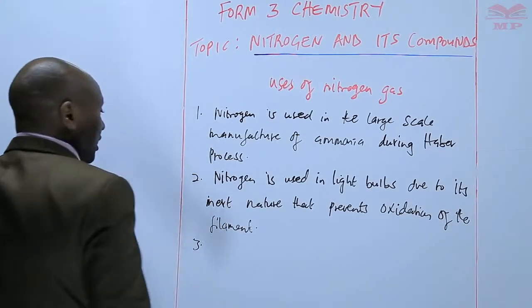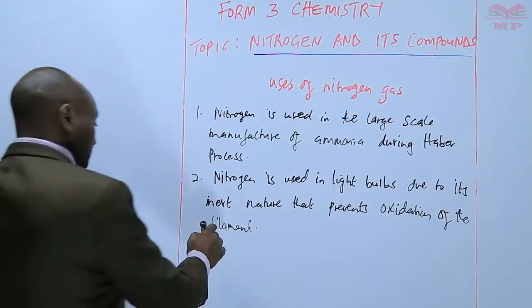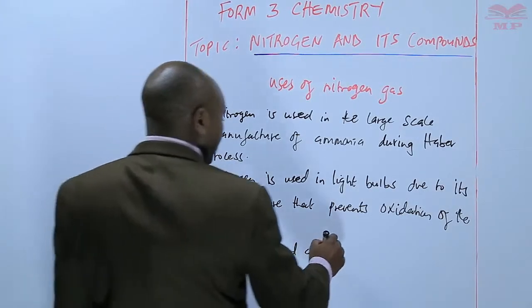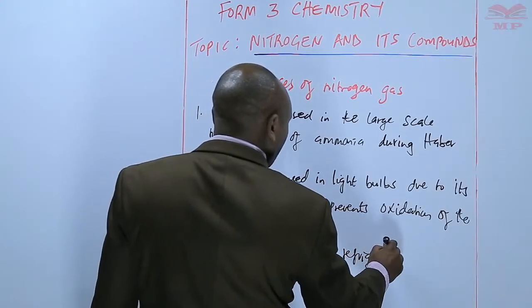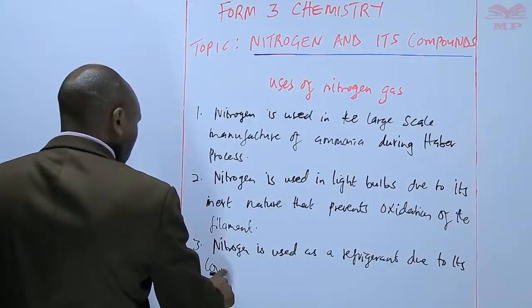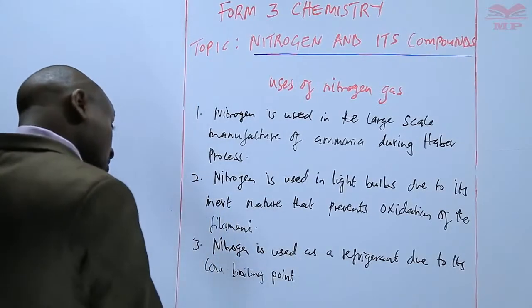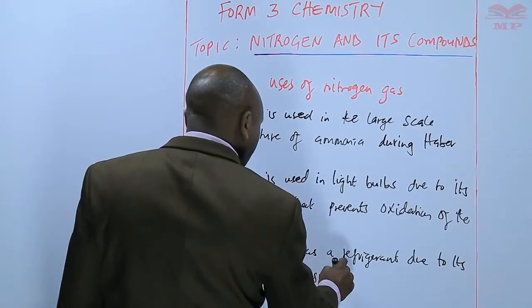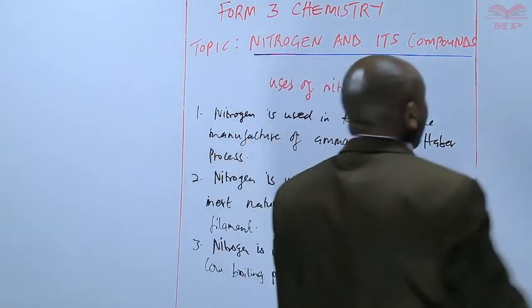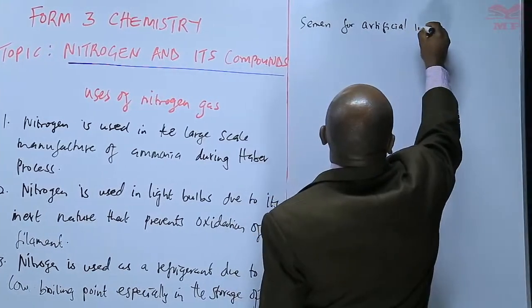And 3, nitrogen, because of its low boiling point, it is used as a refrigerant, especially in the storage of semen for artificial insemination.